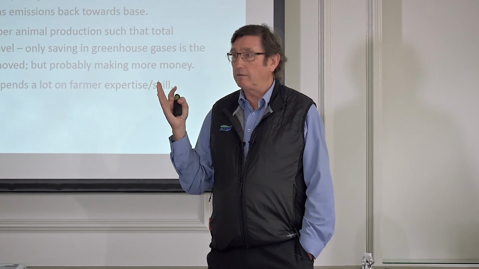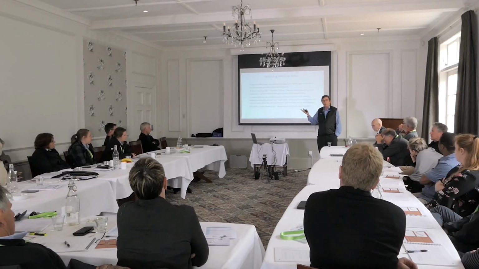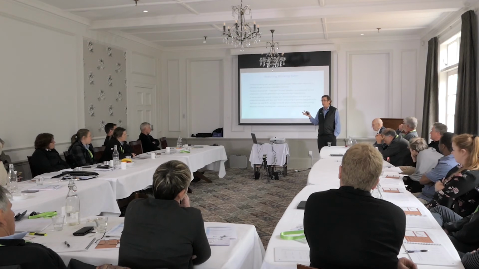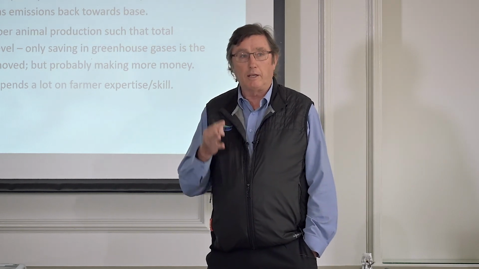But the other 8% that I'd got previously has gone out the window because I've increased my dry matter intake to achieve that. Now, in doing that, I've done wonderful things to my financial bottom line, but I'm really trying to get my methane and nitrous oxide down. So dropping stocking rate and dropping production together will give you that methane reduction.